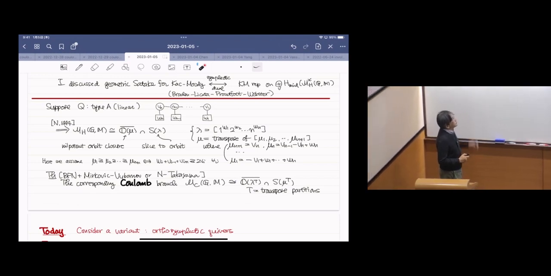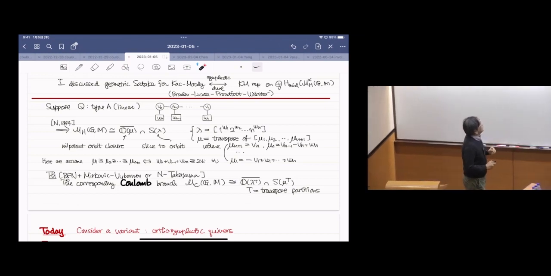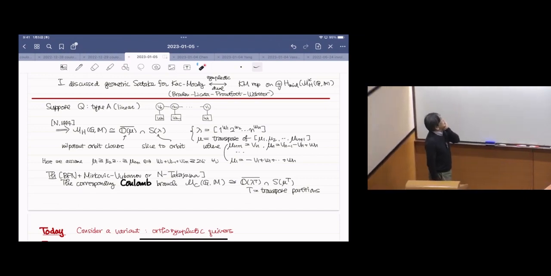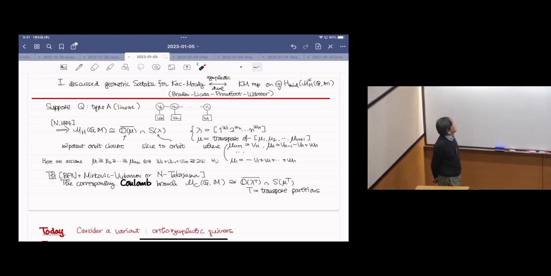Also, in my joint work with Takayama, we directly show this: first I identify the left-hand side with the so-called Cherkis bow variety, and then you can see this isomorphism. So anyway, in type A, we have this kind of understanding.